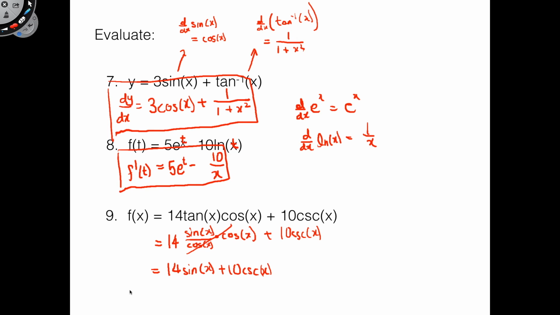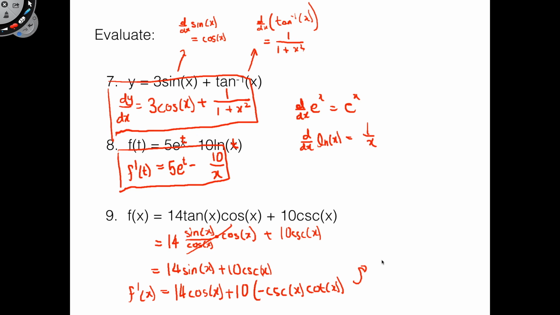And then that's just an easy derivative. So f prime of x is, from up here, the derivative of sine is cosine. So 14 cosine of x. And the derivative of cosecant is going to be negative cosecant of x cotangent of x, right?